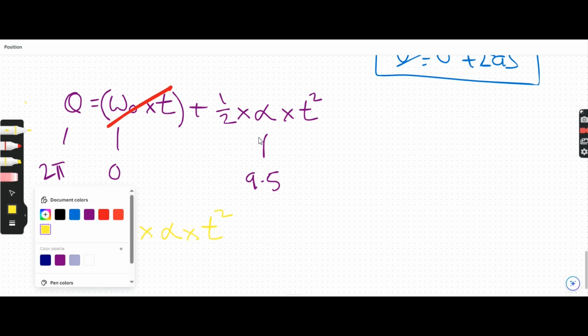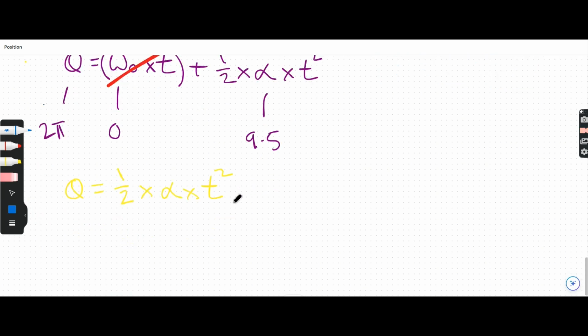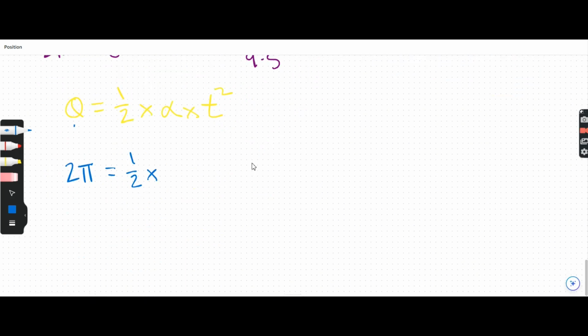This angular distance is 1 revolution, which is 2 pi. That's going to equal a half times the angular acceleration, mine was 9.5, times t squared. I don't know t.